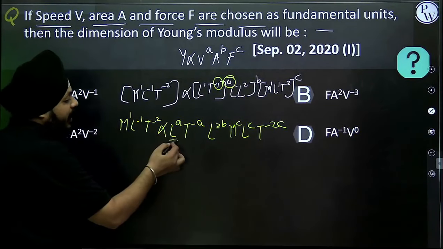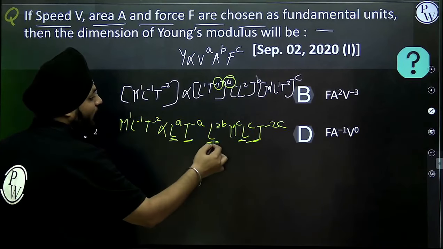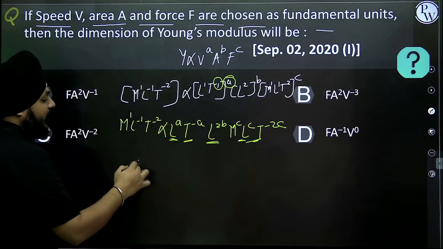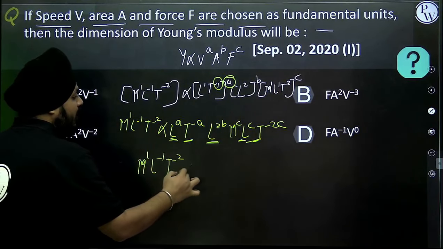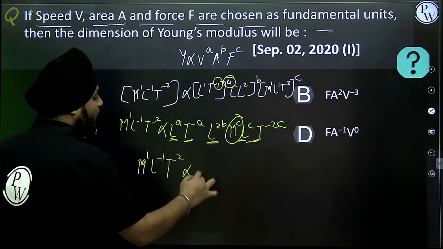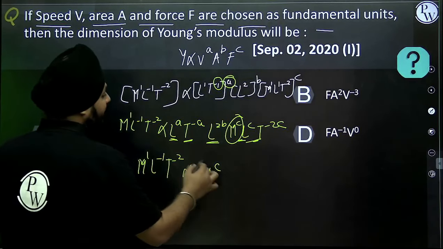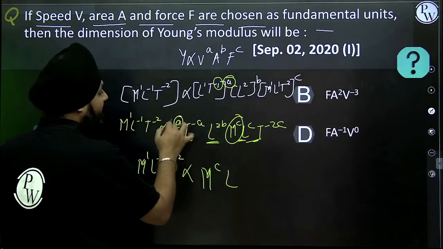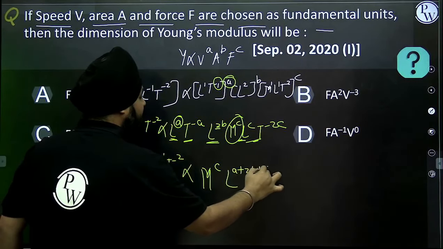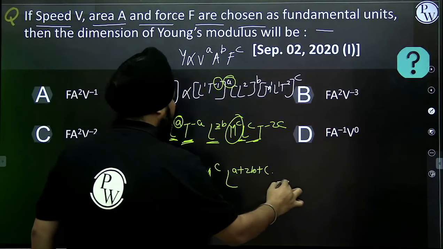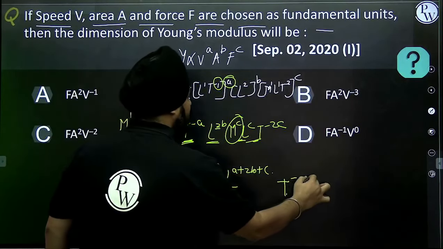I'm going to add the powers of L and L, add the powers of T and T, and rewrite the term. M1 L minus 1 T minus 2 is proportional to: first M to the power c, then L to the power a plus 2b plus c, then T to the power minus a minus 2c.